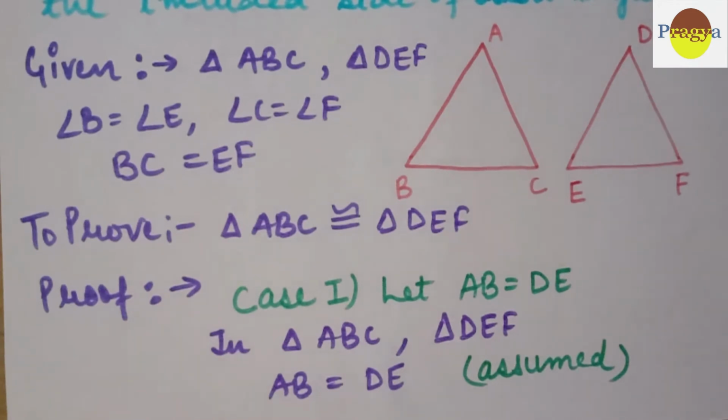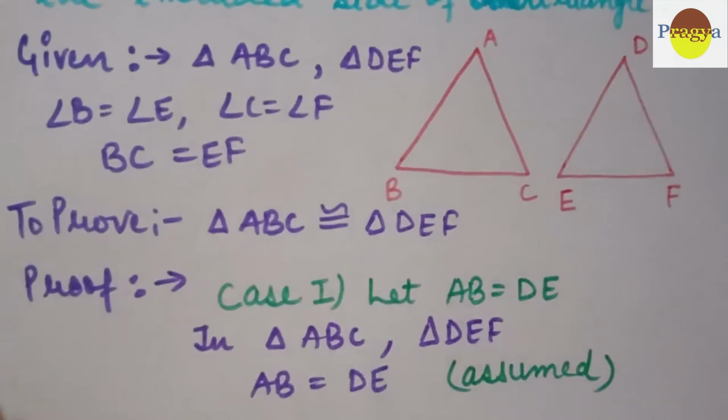Why? Because we will give our reason as CPCT. What is CPCT? Corresponding parts of congruent triangles. If two triangles are congruent, the remaining 3 elements are already equal to each other. We do not need any proof for them.